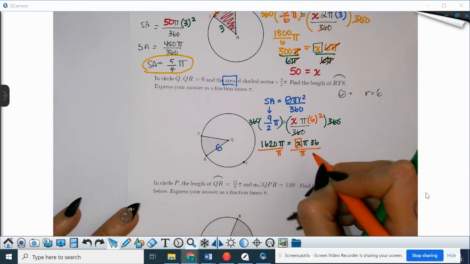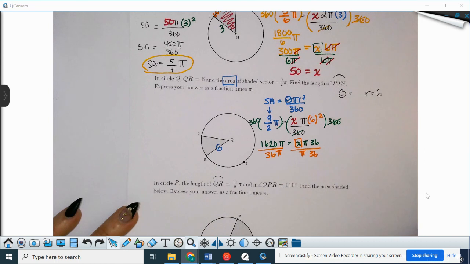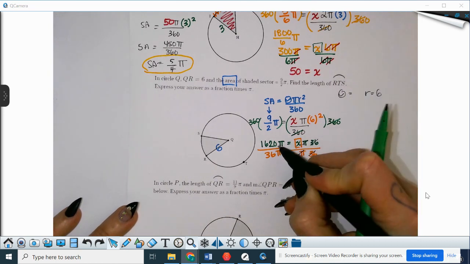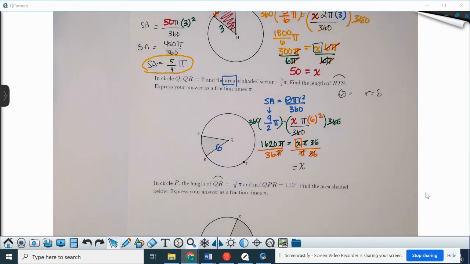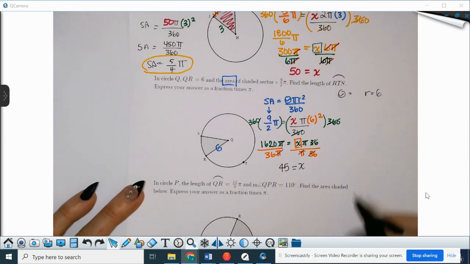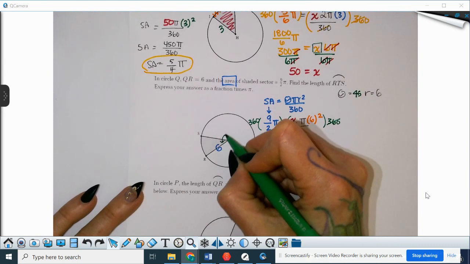And we're also going to divide by 36 because we want that to go away as well. And then from here, the 36's cancel out, our pi's cancel out, and now we have x equals 1620 over 36. We'll check it, and that's going to give me 45. So our theta is 45, or our degree measure is 45 degrees.